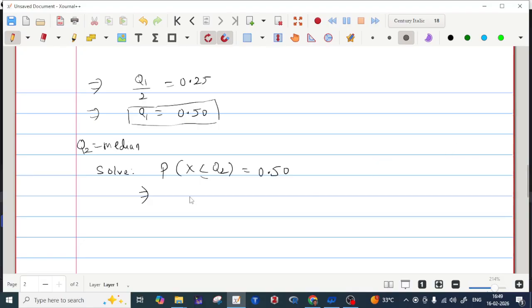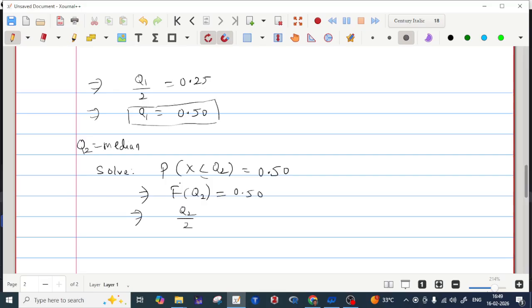Sorry for the disturbance. So to obtain Q2, solve probability of X less than or equal to Q2 equals 0.50. This is nothing but F of Q2 equals 0.50. F of x is x upon 2, so this is Q2 upon 2.